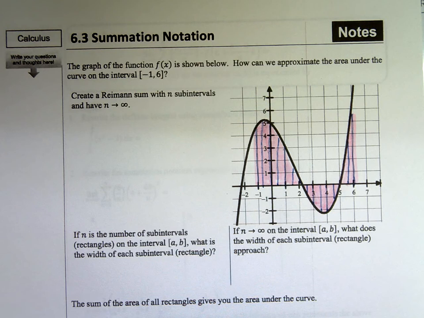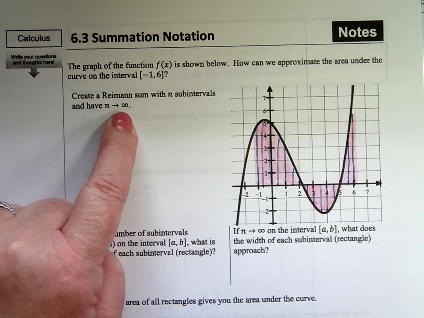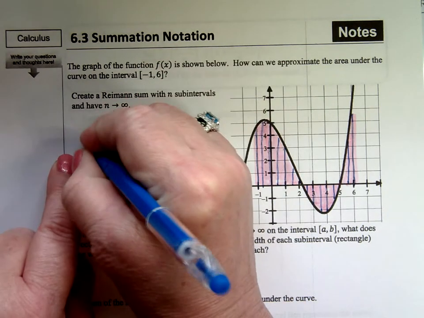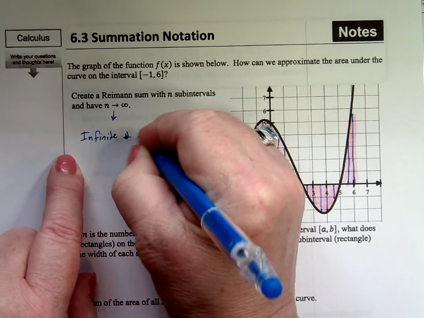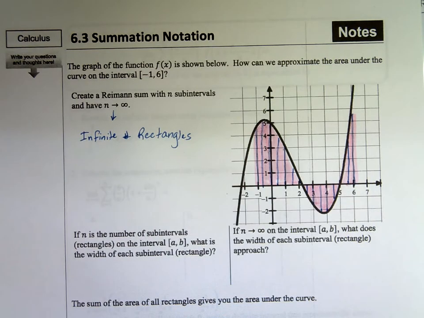Now, is that going to be a better estimate of the area under the curve when I put those together, or is that going to be worse than when I had 7? And the answer is it's going to be way more accurate with more rectangles. So if I have an infinite number of rectangles, that's what this is talking about, then how accurate is my answer for the area under the curve?